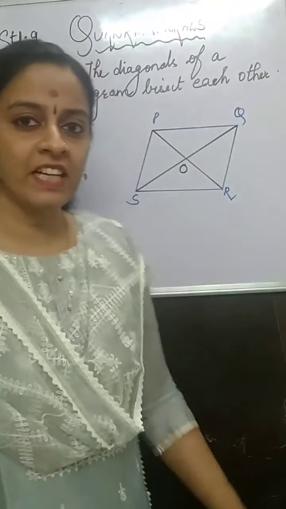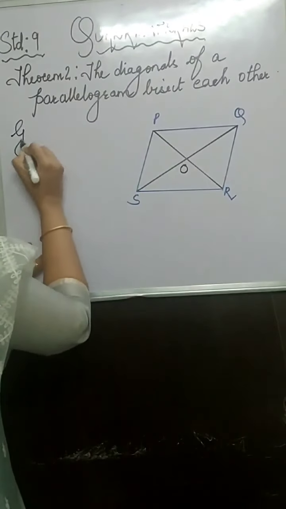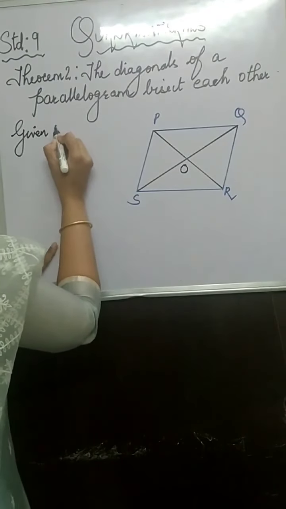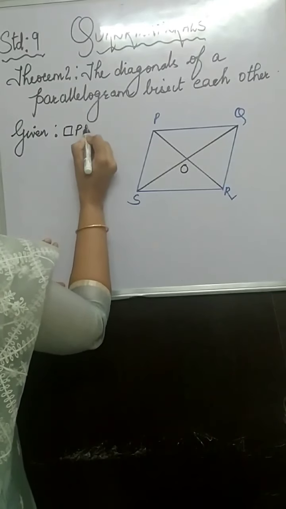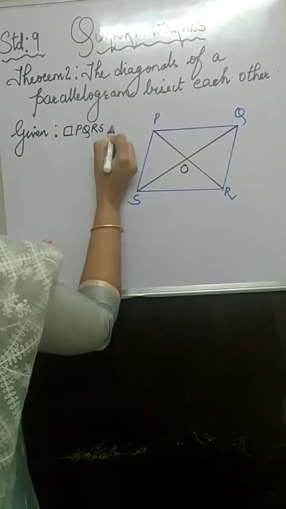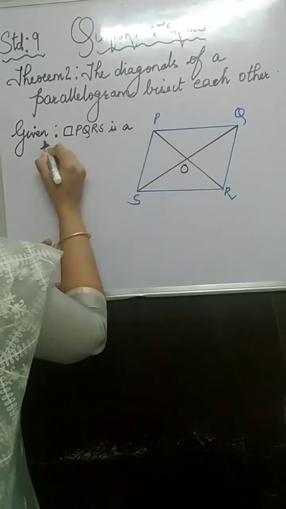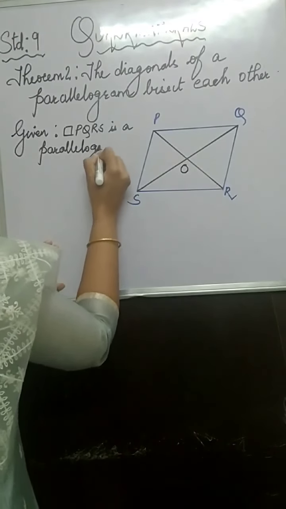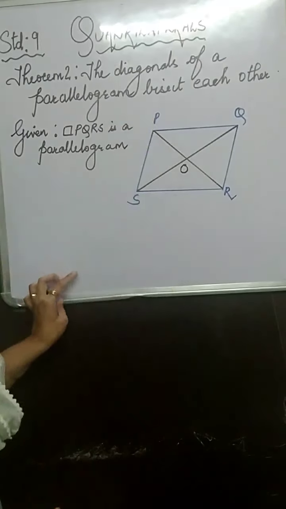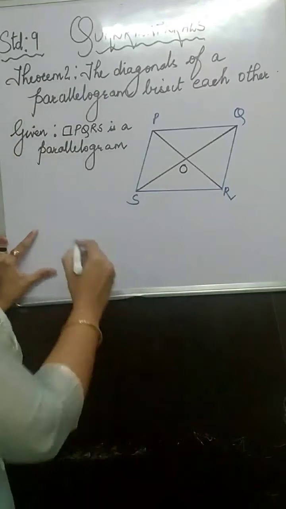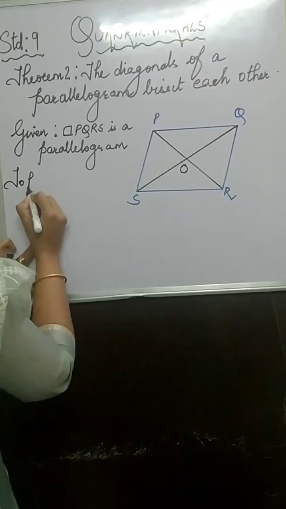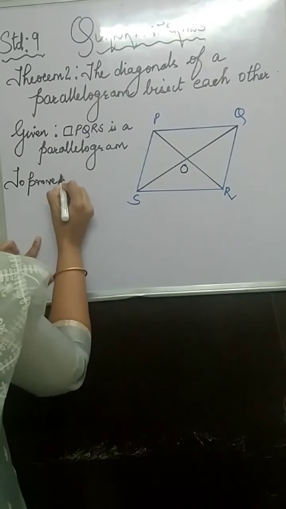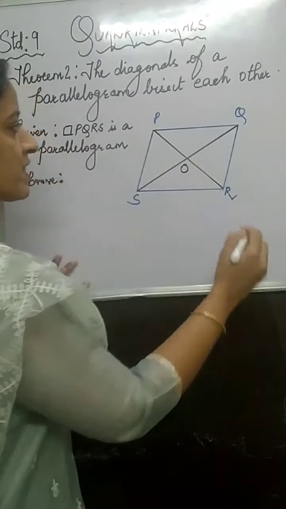So let's write the given: quadrilateral PQRS is a parallelogram. The most important part is that it is a parallelogram. Now to prove, only that information we have. We have to prove that the diagonals bisect each other.